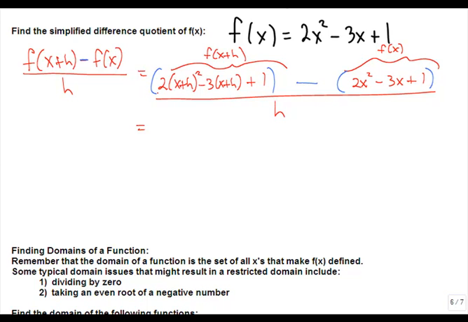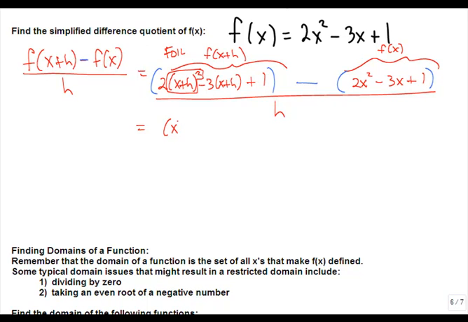If we look at what we're left with in this first position, once those parentheses are gone, we need to know what 2 times x plus h quantity squared is. Order of operations says you have to square before you multiply. Exponents come first. So square the x plus h, and remember to FOIL.